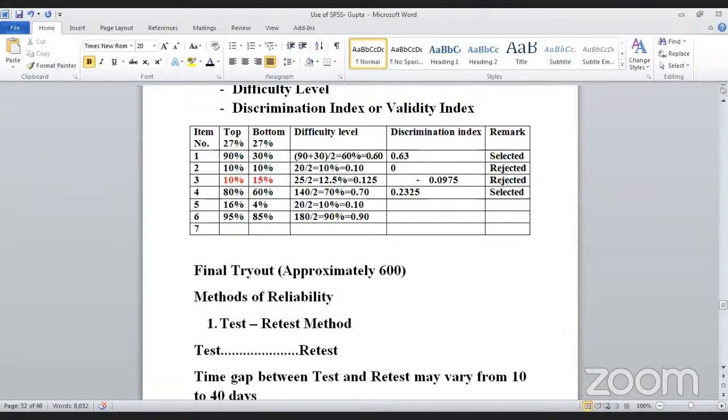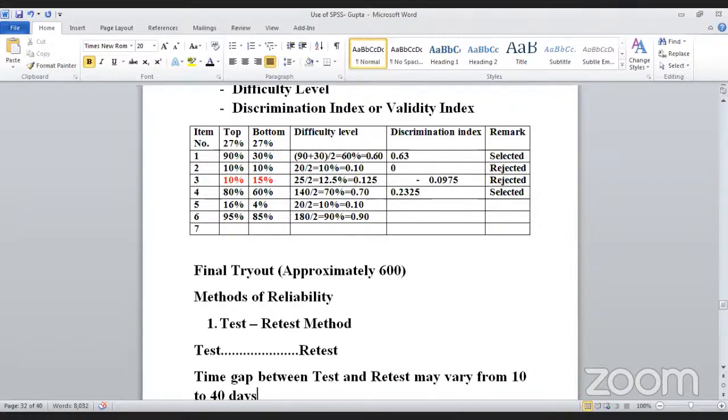See, the more the time gap between test and retest, what will happen is that some of the characteristics which your tool will be assessing may undergo a change. And if they undergo a change, then it means the reliability will differ, because your score in the test will not be the same in the retest because of the time gap, and during the time gap, the children must have matured.